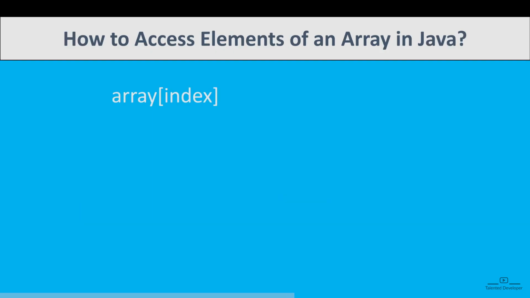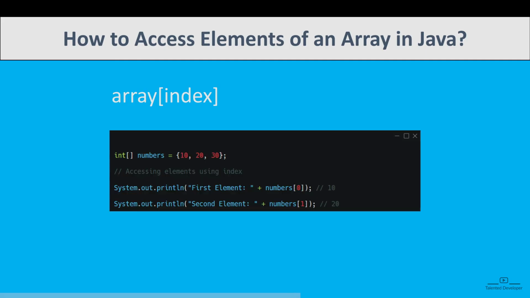Here you have to use the array name, then you put the index value. Let me show one example: int numbers equal to 10 comma 20 comma 30. And we can access the first element by using index 0. So index 0 has 10, index 1 has the value 20, and index 2 has the value 30. So you can see how to access this.